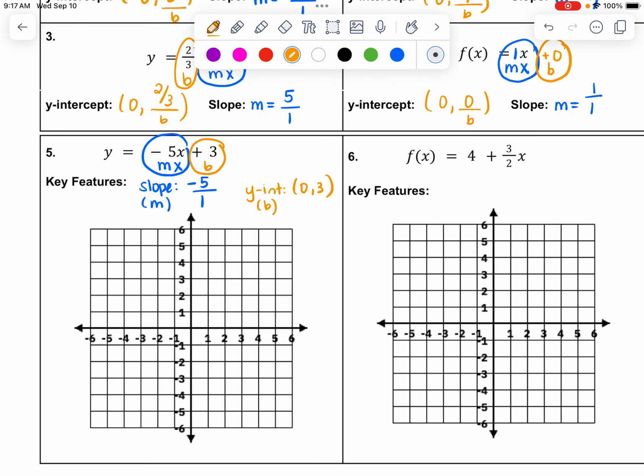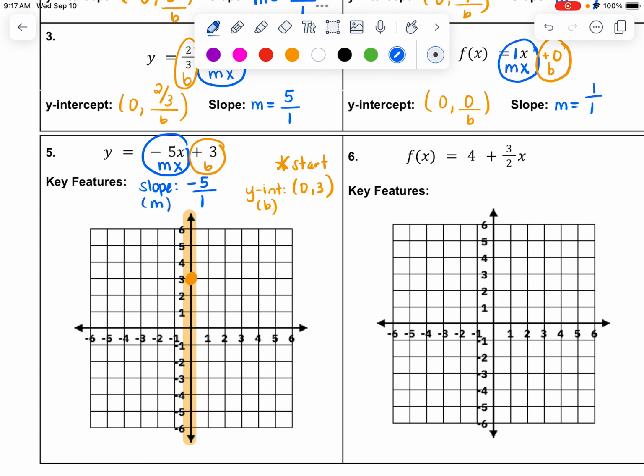I'm going to begin my graph at the y-intercept. So I'm going to start here. And on the graph, I'm going to find the point 0, comma, 3, which is always going to be on the y-axis because it's a y-intercept. In this graph, it happens to be right there.